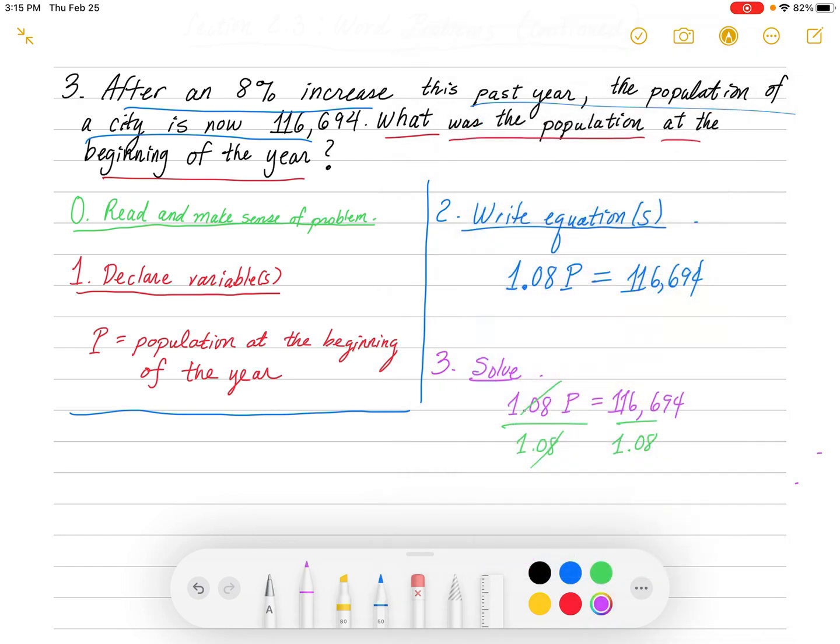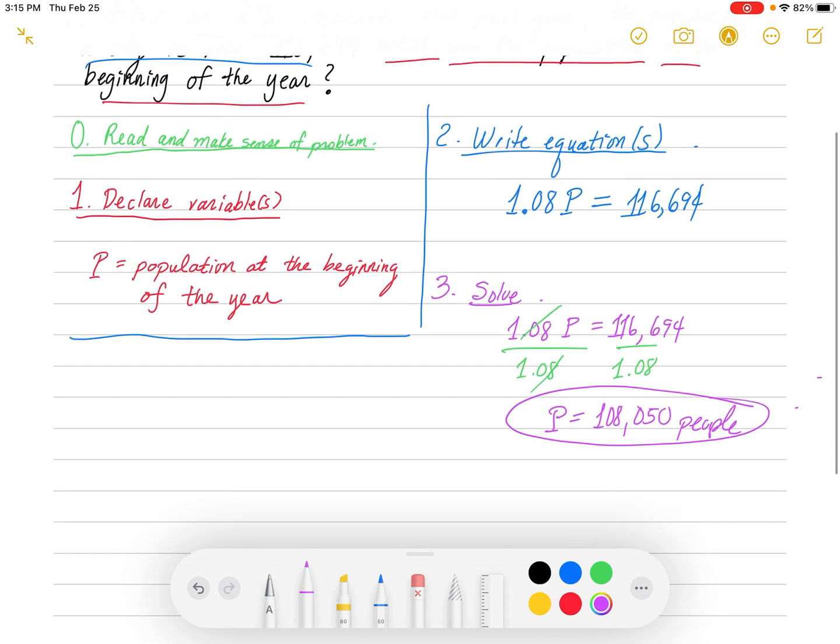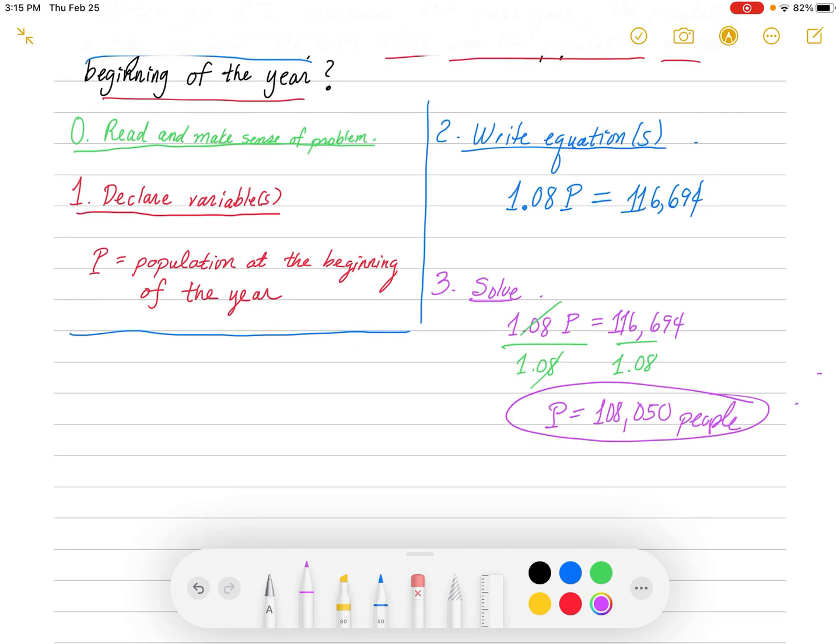The 1.08s would cancel, and P is 116,694 divided by 1.08, and you get P to be 108,050 people. So your population would have started out at 108,050, and it would have gone up by 8%. Going up 8% means 108% of the original population, to 116,694.